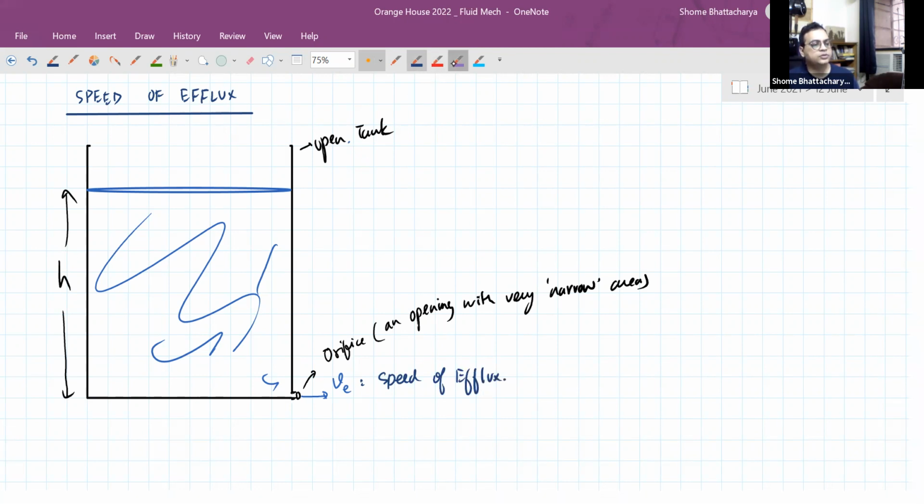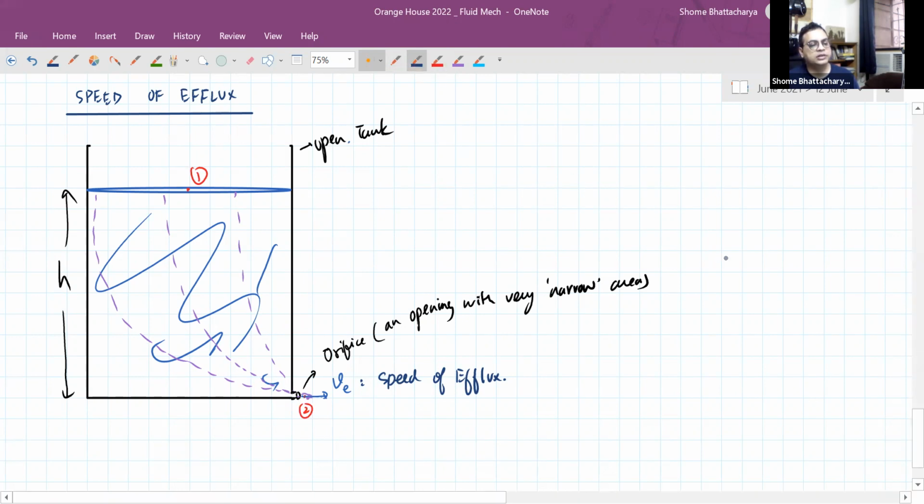So to find out the speed of efflux, what we do is we visualize the streamlines like this. And we take one point to be at the surface and the other point to be like this.